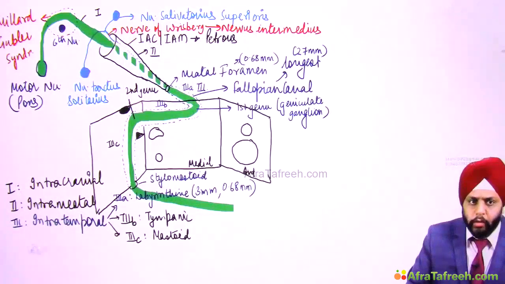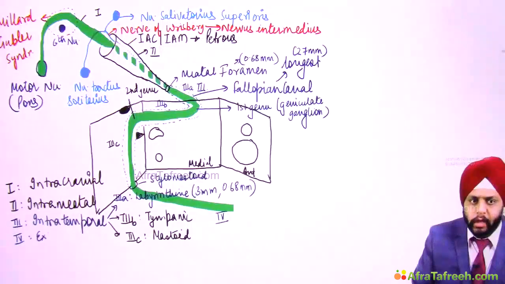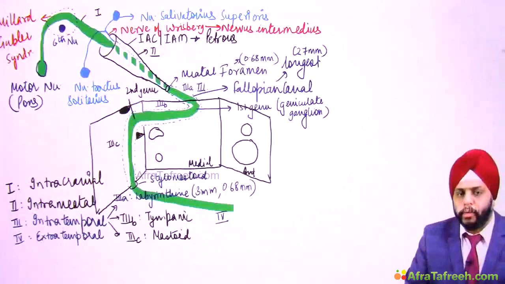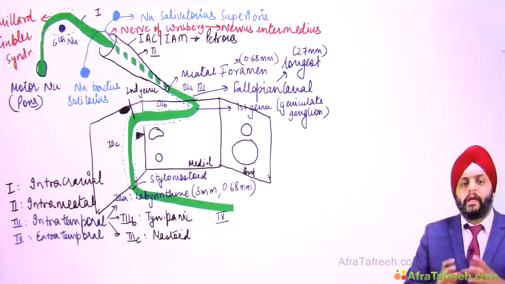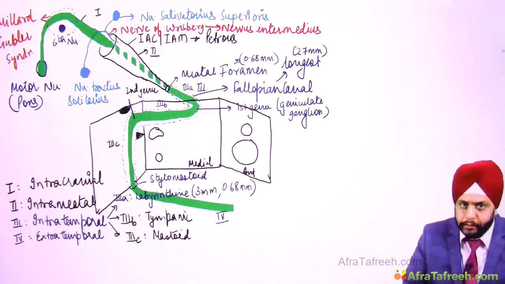Okay, so when it goes out of the temporal bone, now this is known as segment 4, the extratemporal segment of facial nerve. Right, so this is the anatomy of the facial nerve.